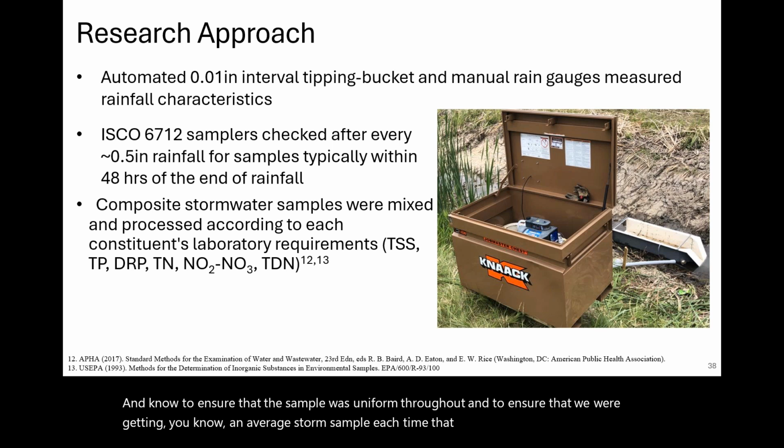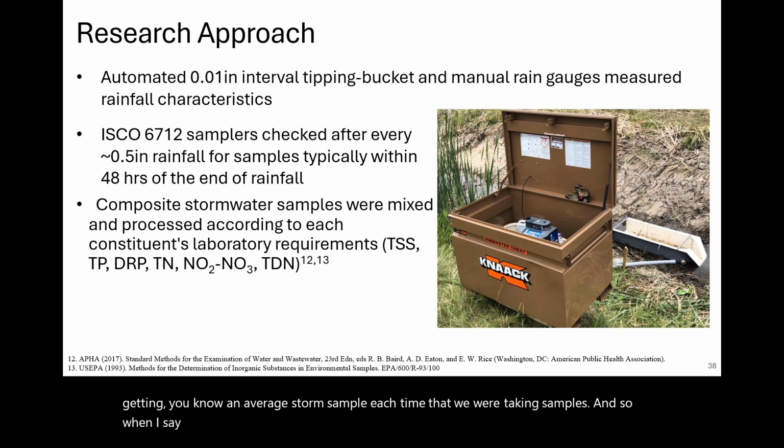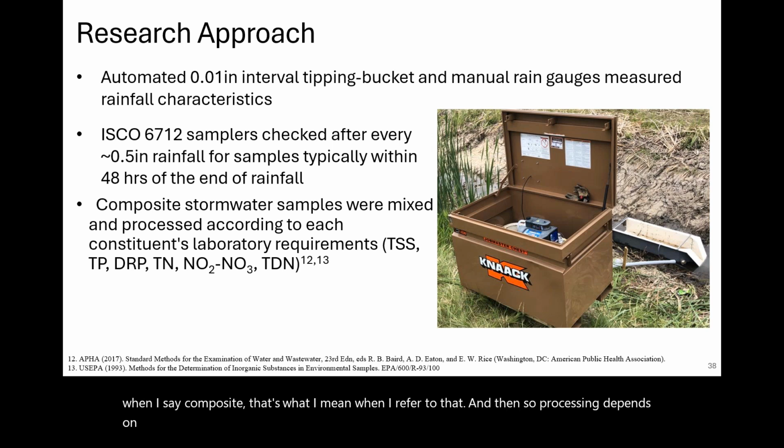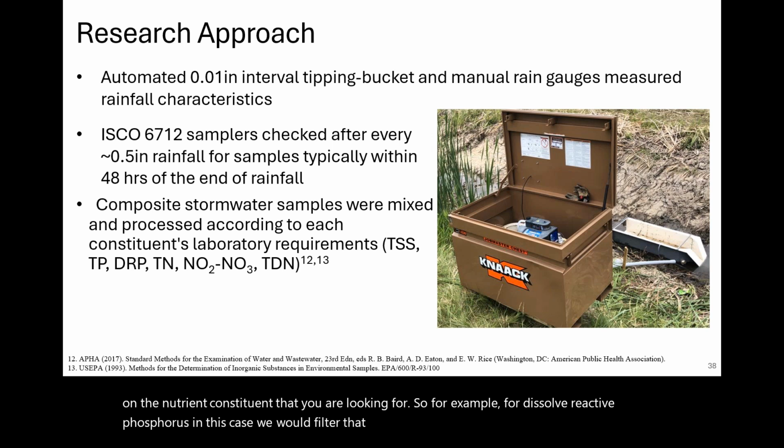So when I say composite, that's what I mean. Processing depends on the nutrient constituent that you are looking for. For example, for dissolved reactive phosphorus, we would filter that with a 0.45 micrometer filter in order to remove any sediment.